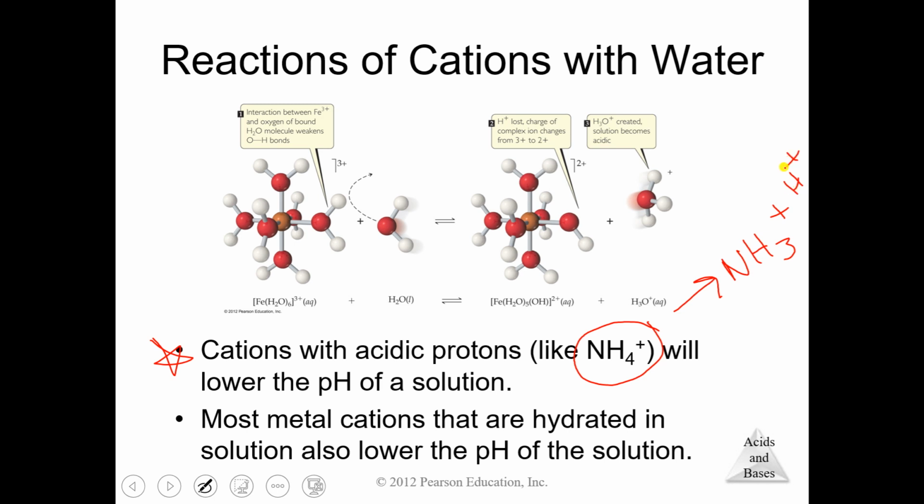So if I have more hydrogen ions in solution, that means a lower numerical number of pH. A lower numerical number of pH means more acidic. Okay?